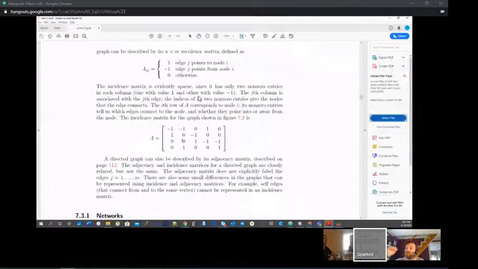If you gave it a matrix like this, it would build the actual graph structure for you. You don't have to use the column vectors and rows.